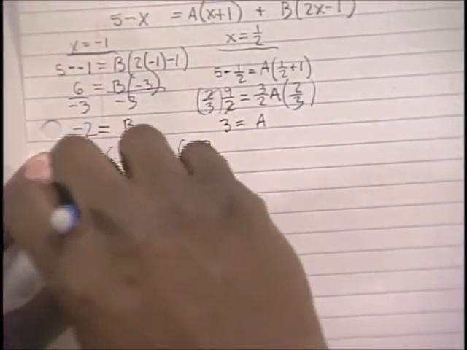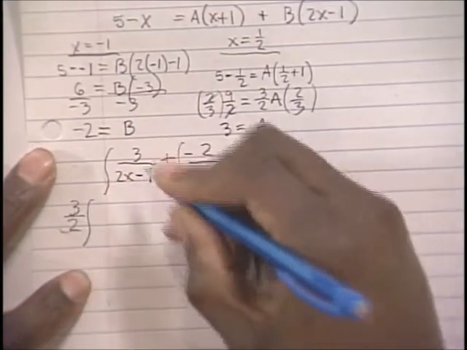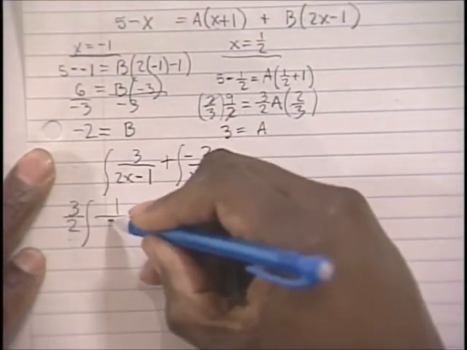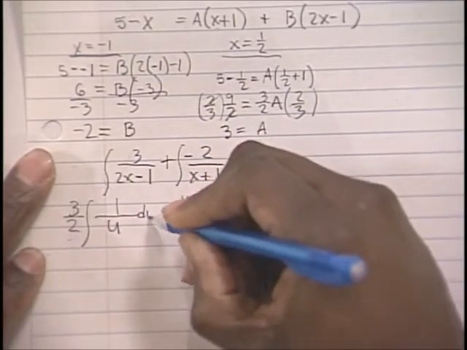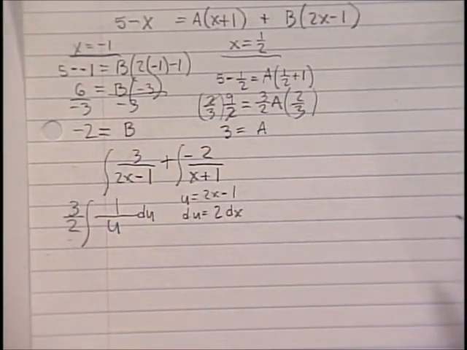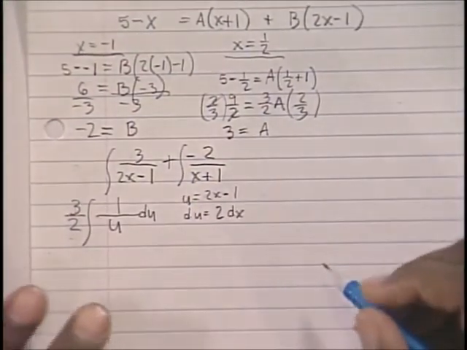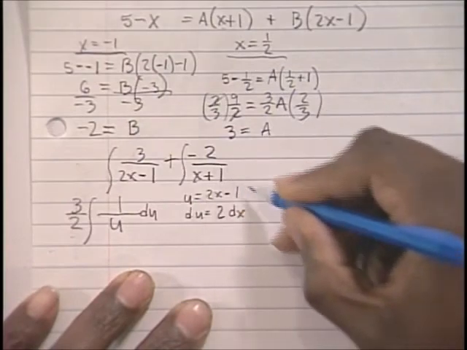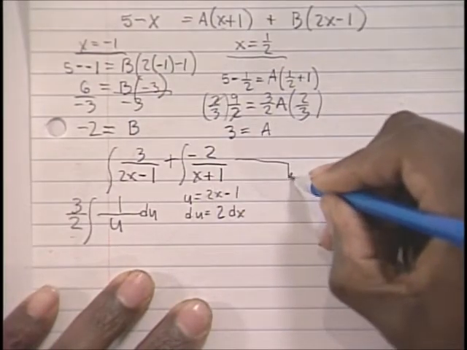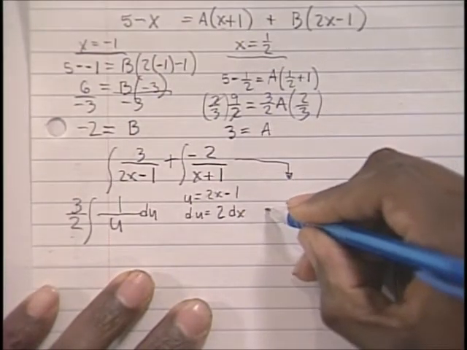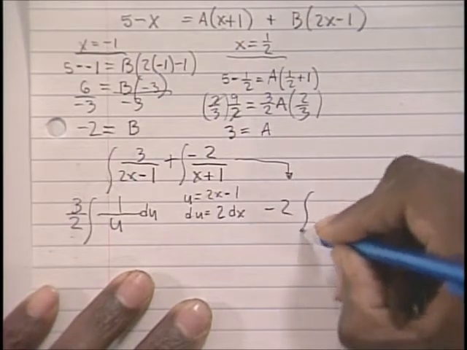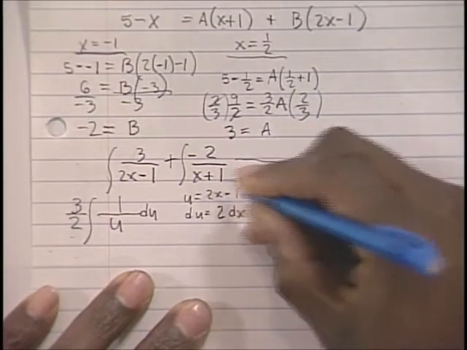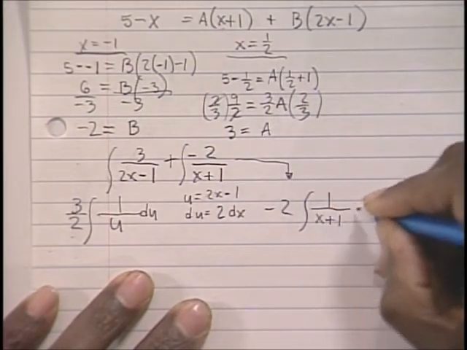You end up with 1 over u du. Then taking the antiderivative of this other term, you pull out that negative 2, and then you take the antiderivative of 1 over x plus 1. No need to substitute there.